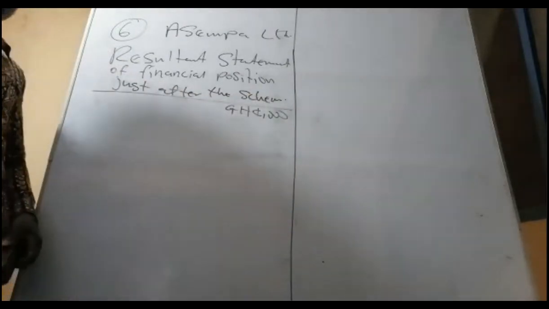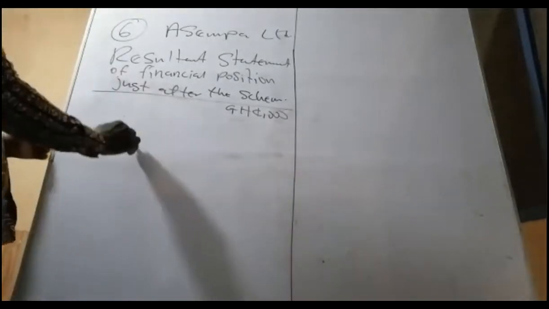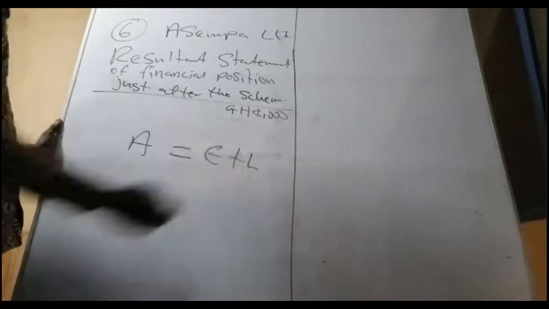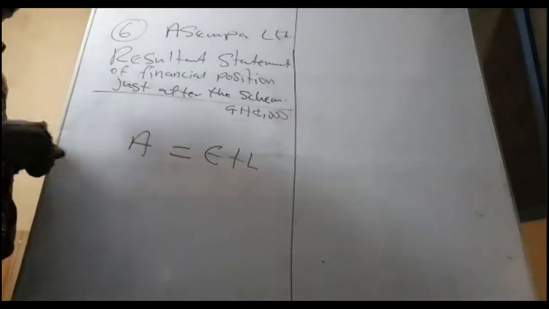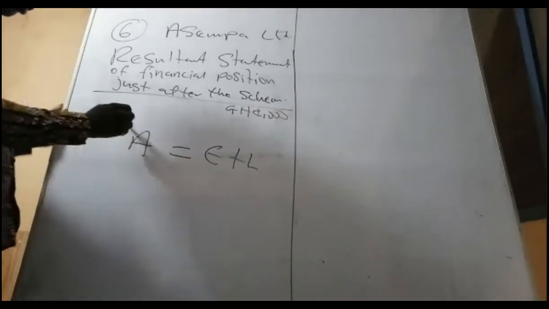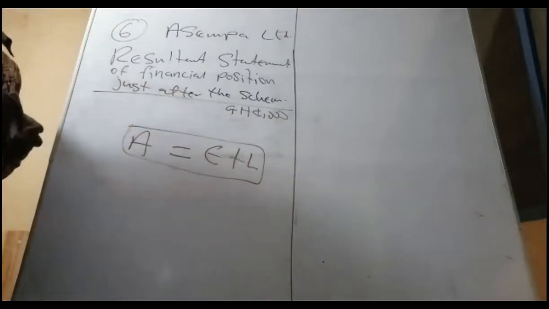Now, if you know the format already, kindly go by the standard format. All assets on one side, equity plus liabilities at the other side. All assets, both current and non-current. But if you are not familiar with this format, then don't worry.